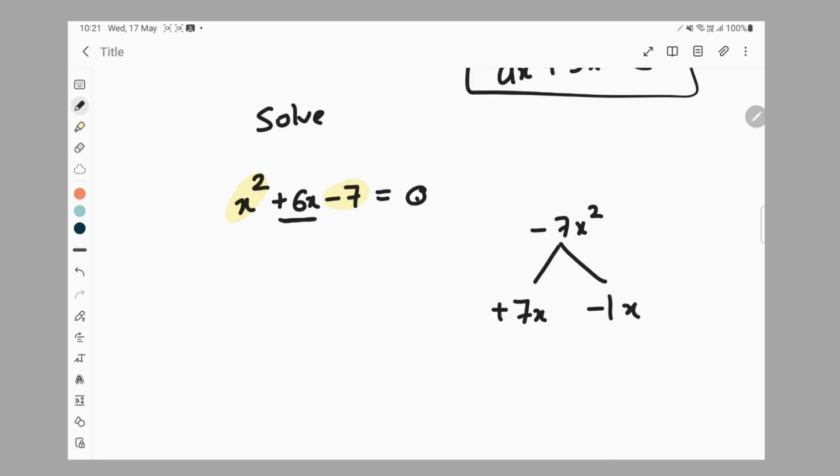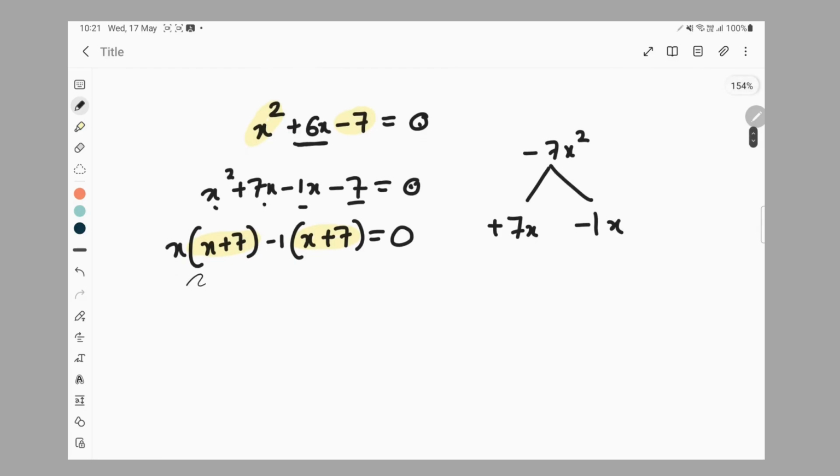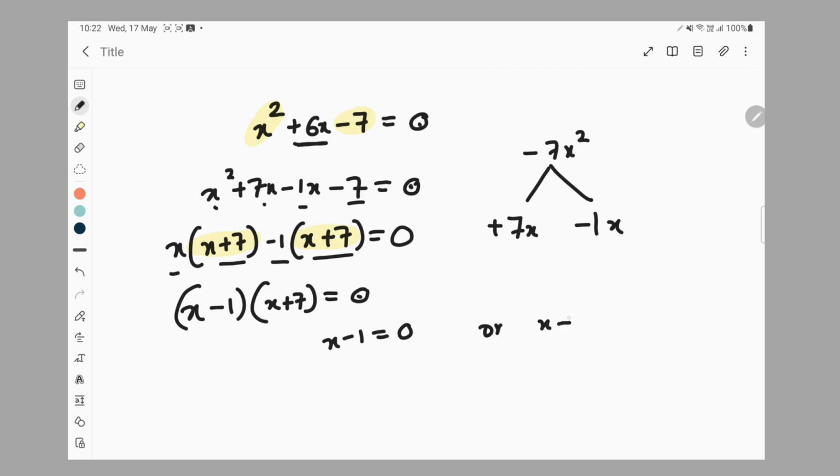So instead of writing 6x, I'm going to write 7x minus 1x minus 7 equals 0. From these two, you can take the x out, x plus 7. From these two, you can take the minus 1 out, x plus 7. If you get these two brackets the same, that means you are doing it in the correct manner. The two outside ones you take into one bracket, and the two similar ones you write once. Then x minus 1 equals 0, or x plus 7 equals 0. So x equals 1 or x equals minus 7.